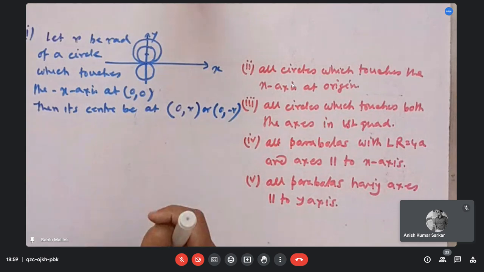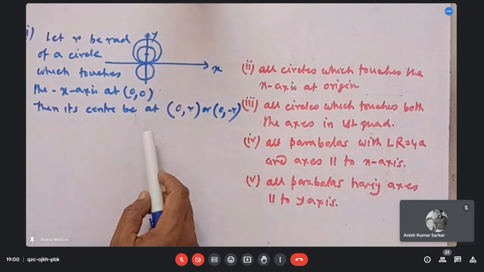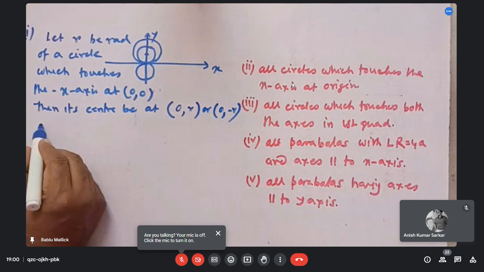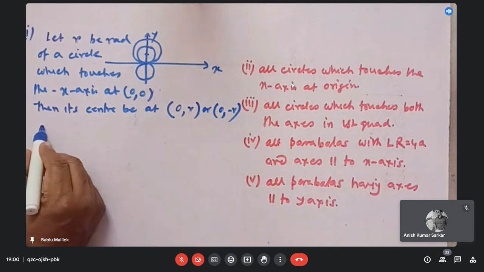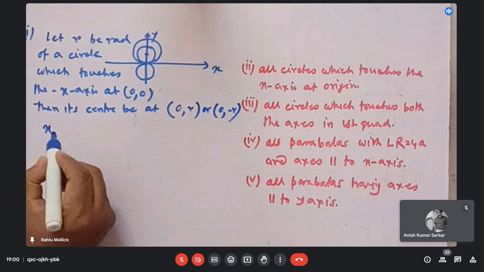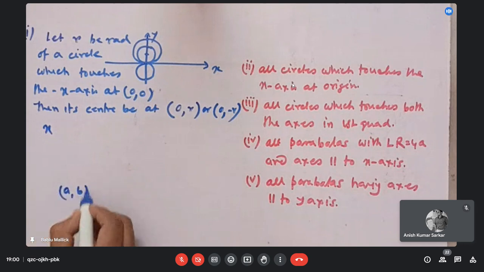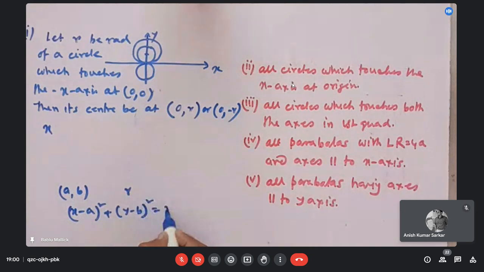Okay, then the equation of a circle can be written as, you have done in class 11-12, if the center is (a, b) and the radius is r, then its equation will be x minus a whole square plus y minus b whole square is equal to r square.